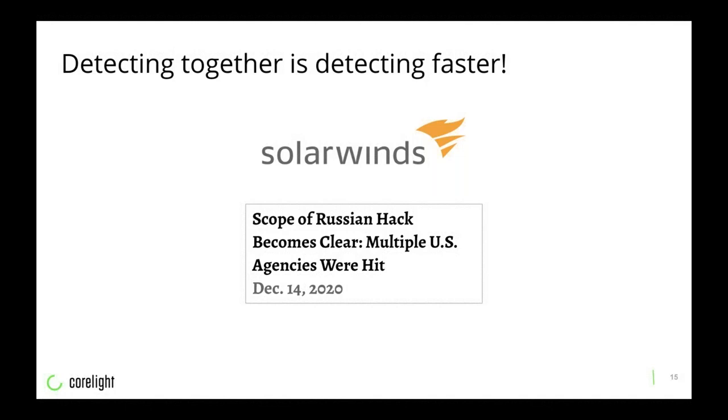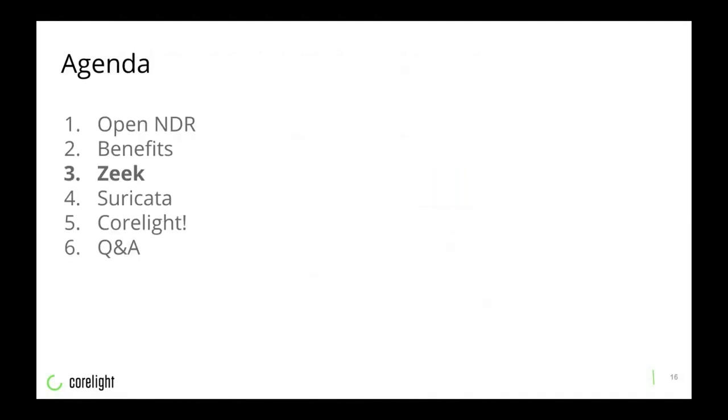Hours of free detection script that you could run in your environment to look for that 0-day and get back to your boss saying, yep, we've searched our environment. We don't have this that we can find in the last 6 months, so we can close this, right? That's the power. So let's talk a little bit about Zeek, a little bit about Suricata, and then a little bit about Corelight, and then we'll wrap it up.